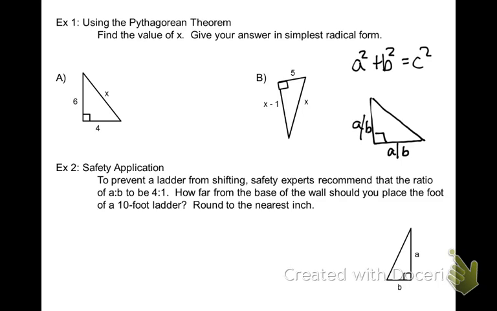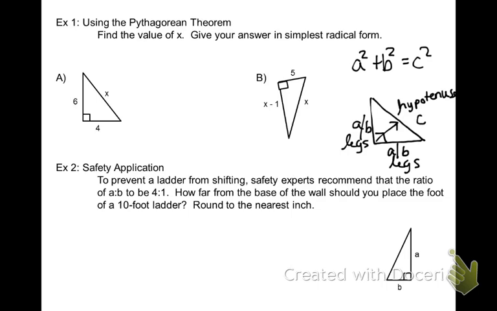Those are the ones that are next to the right angle. And then you have your long line, opposite the right angle, and that's called your hypotenuse. And that is your c.